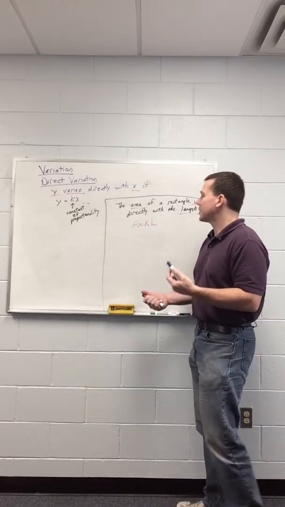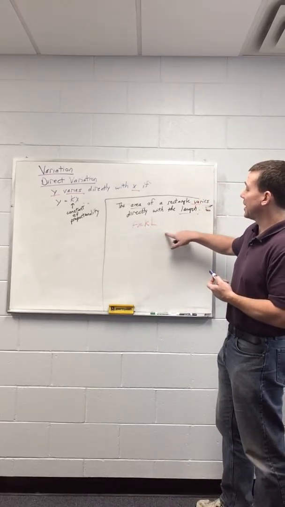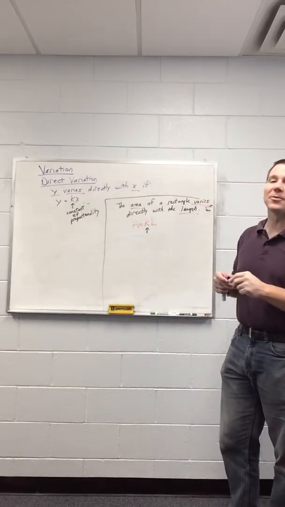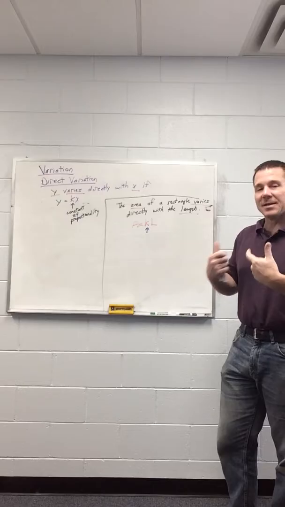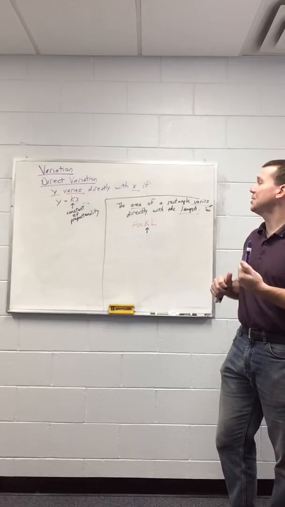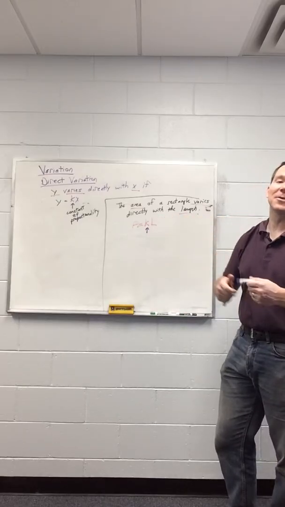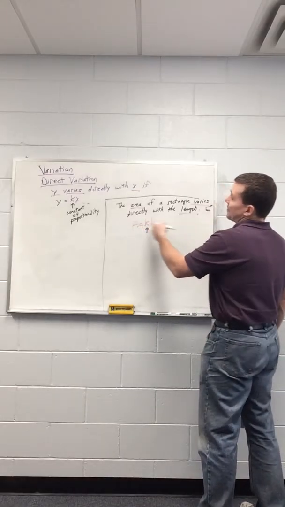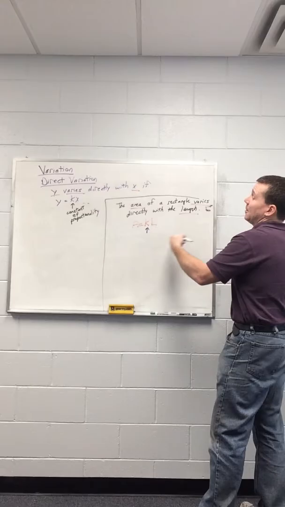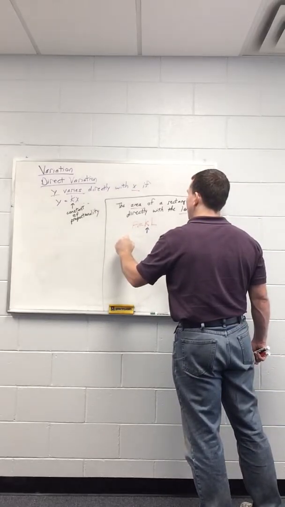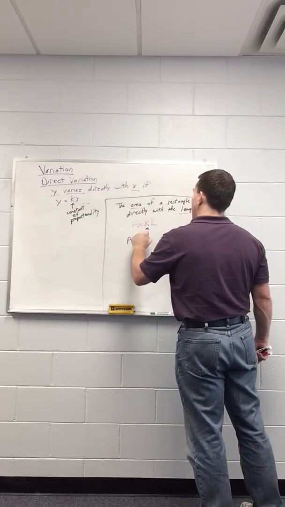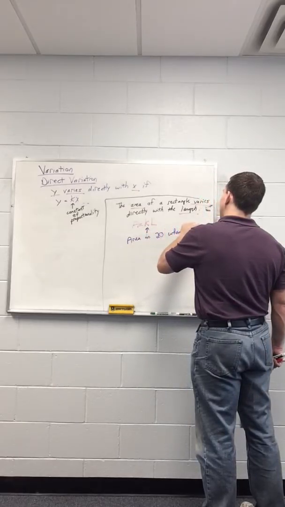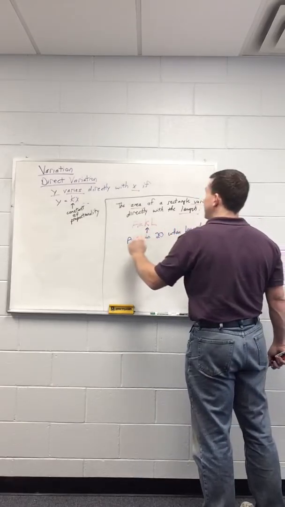Once you have an equation like this, it doesn't work until I have a value for k in there. So the next thing you have to do in these variation problems is find the value for k. The problem has to say something like, the area of a rectangle varies directly with the length. Area is 20 when length is 5.